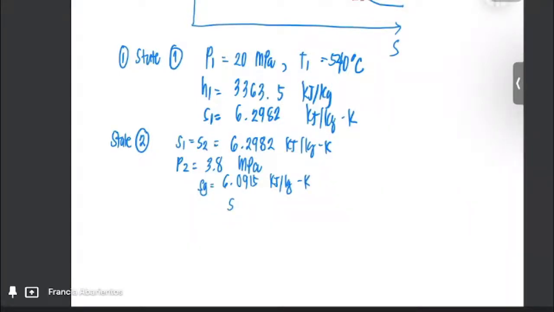Mas malaki class yung S2 natin kaysa sa SG. So, pupunta tayo dun sa superheated vapor. It falls under superheated vapor.